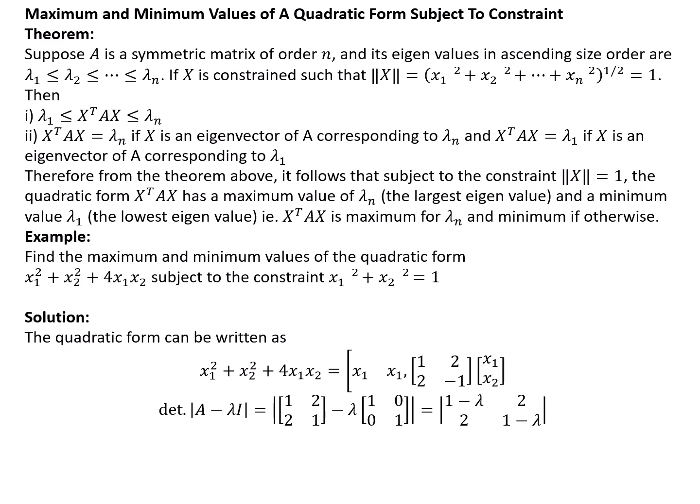Suppose A is a symmetric matrix of order n, and its eigenvalues in ascending size order are lambda 1 less than or equal to lambda 2, less than or equal to lambda 3, and so on up to lambda n.